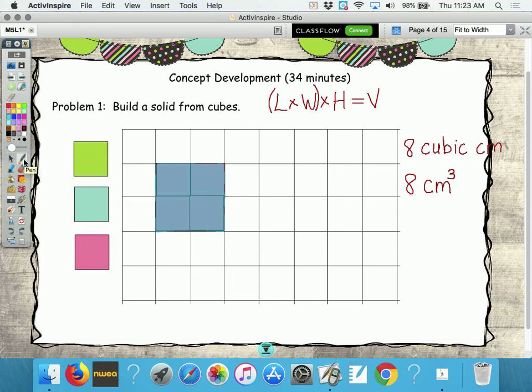Once you get that on there, how many cubes are in the structure now? 12. Okay, so I'm going to give you a geometry word, and this only works if the base is the same as the top.